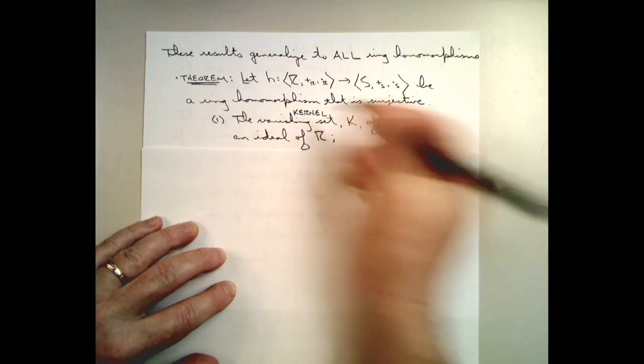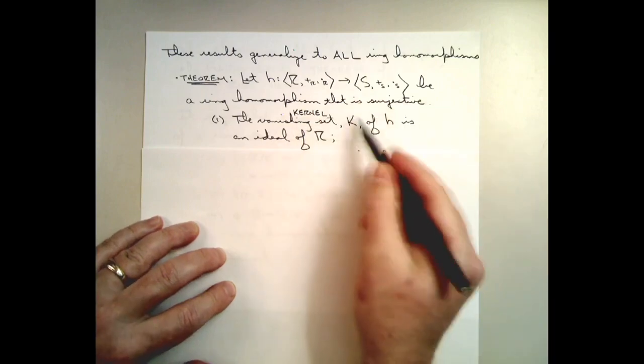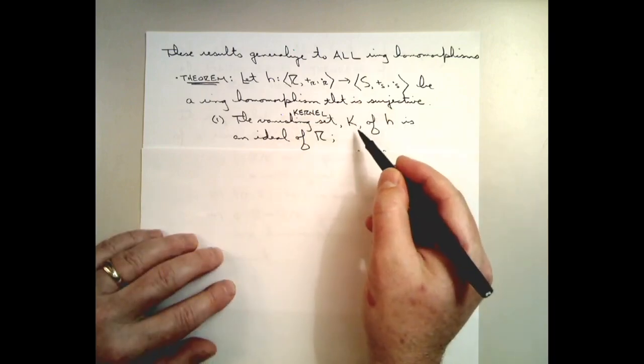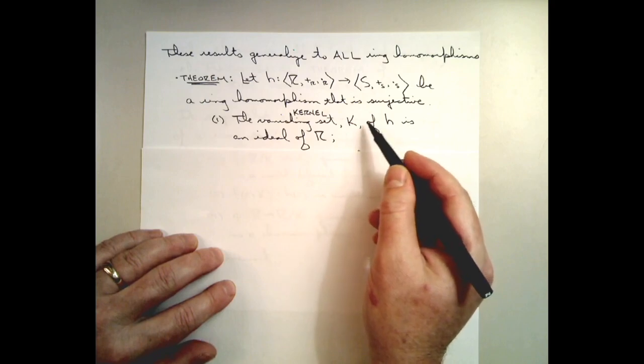I'm going to continue to use vanishing set, but I'm going to use K to remind me that kernel is the term that is traditionally used.